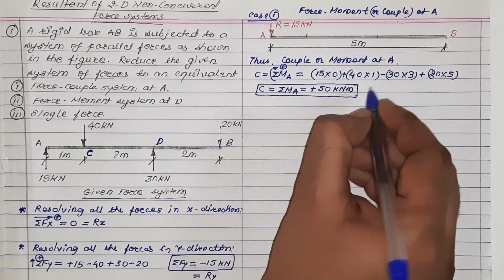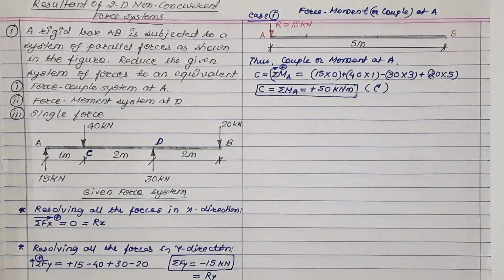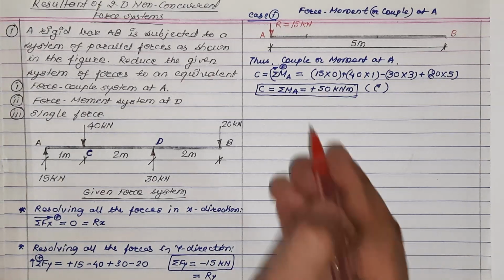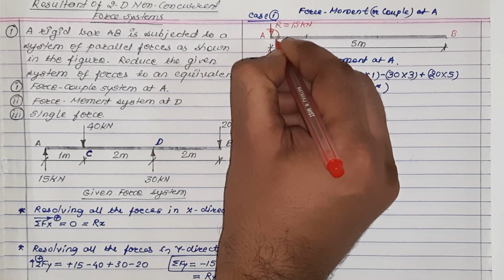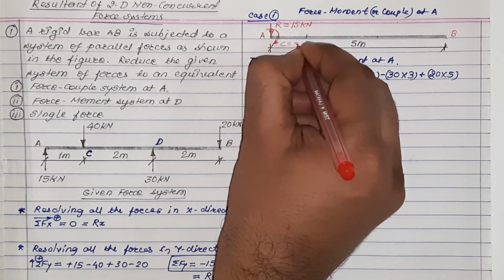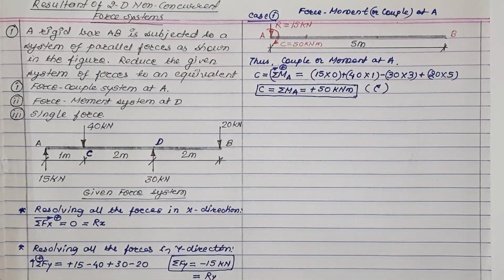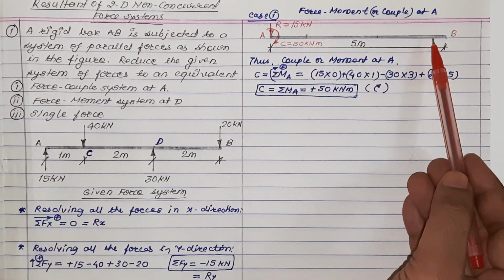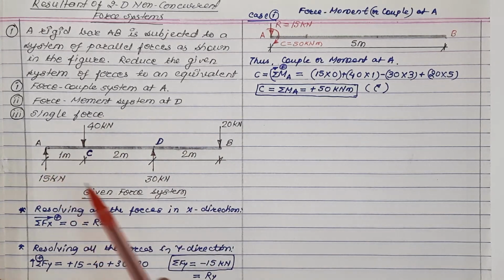Positive sign indicates it's a clockwise moment. This can be shown in the diagram. So this is going to be C, 50 kilonewton meter. Okay. So this diagram or this system is said to be equivalent to this given force system.